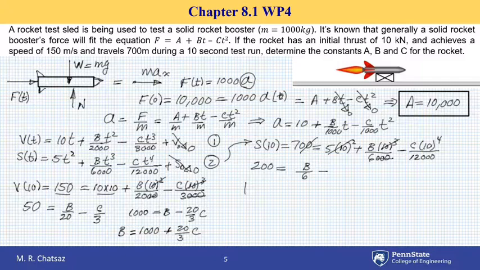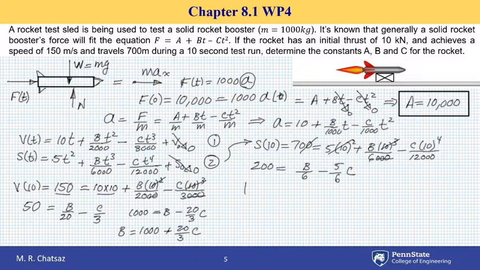Observe that 10 to the 4th power has 4 zeros, I have 3 zeros in the denominator, so I'm looking at 10 over 12, which is 5/6 of C.